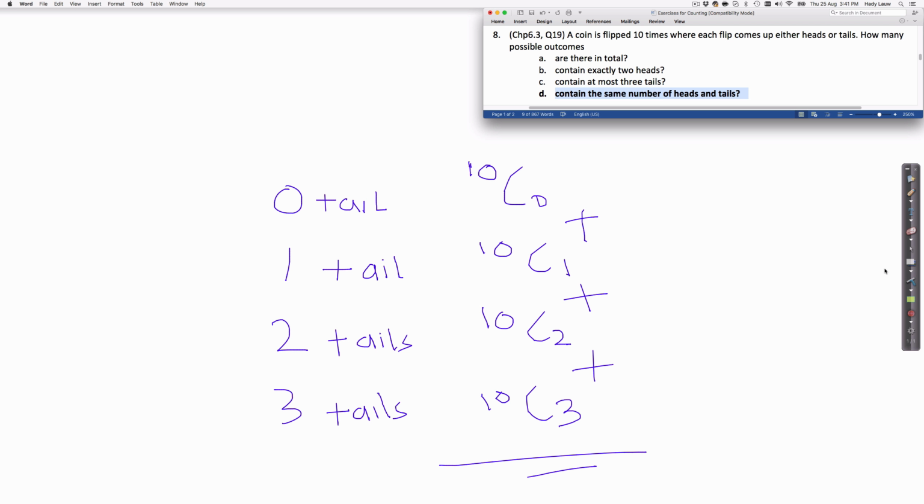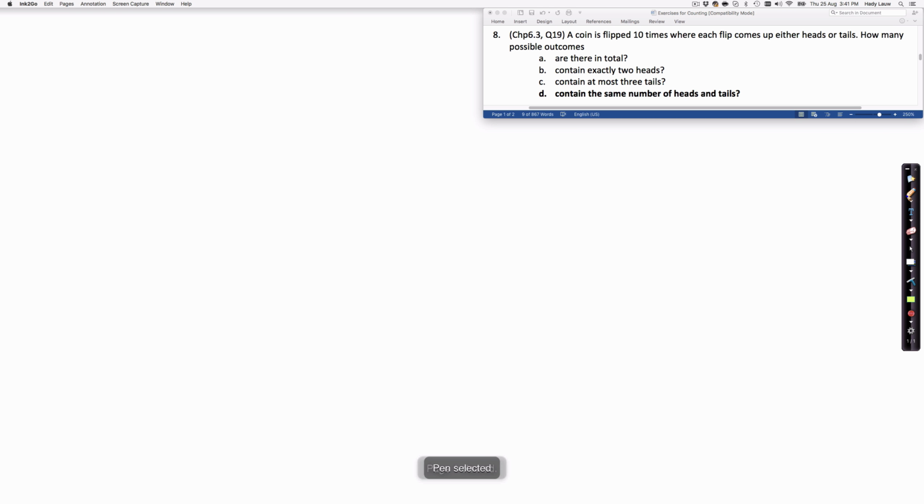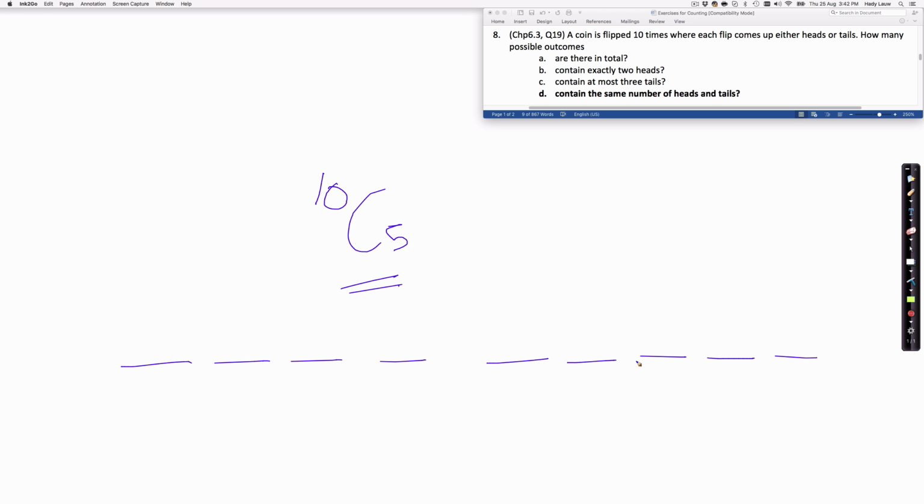So we just need to figure out where the heads are going to be and the rest are going to be tails. Since only 5 out of 10 are going to be heads, the answer is just 10 choose 5. Because we have 10 slots, and out of these 10 slots, 5 are going to be heads, the other 5 tails.